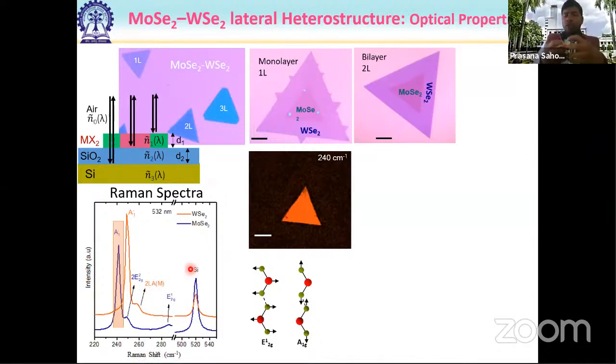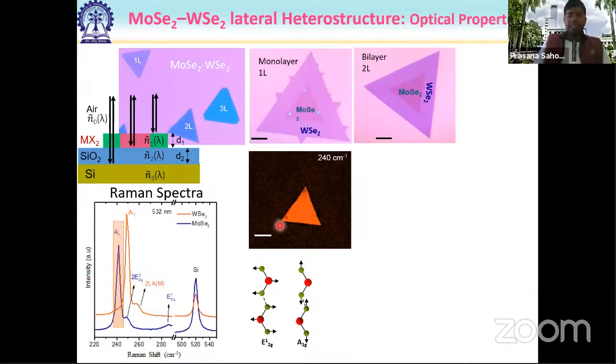The modes, E1G or A1G, depend upon how the atoms vibrate inside the material, and that is characteristic of the material. So you take Raman spectra from the whole sample, choosing a spot of 500 nanometer by 500 nanometer, and take several spectra like a raster scan. Later on you select a particular peak and map it.